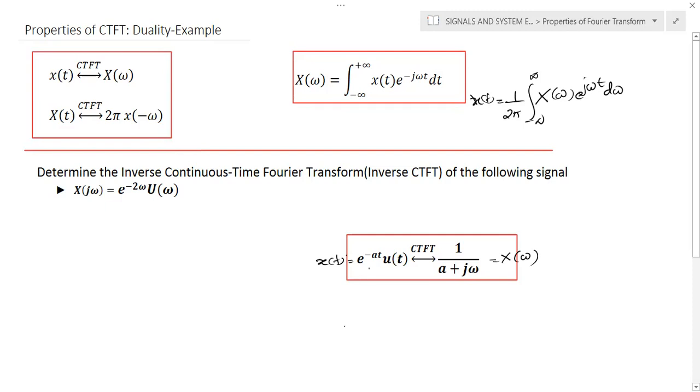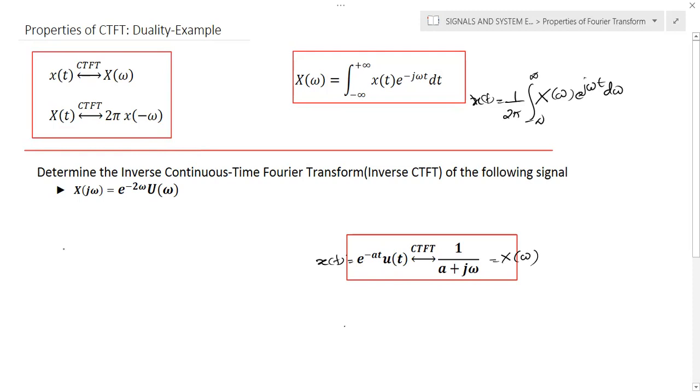So this is almost similar to e raised to minus at into u of t. So again, you can see a similar shape, but it is in the time domain. The question is given in a frequency domain, but a similar result we know in time domain. So by using this result, I can apply the duality theorem.